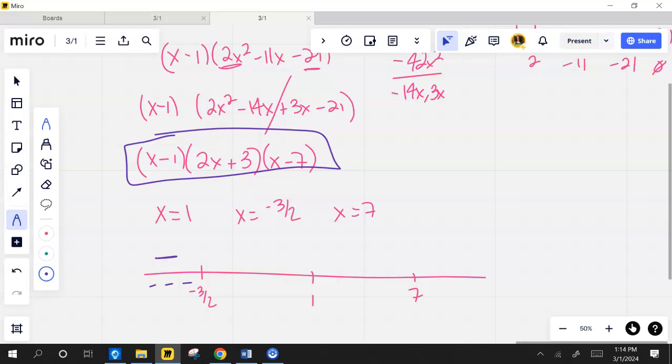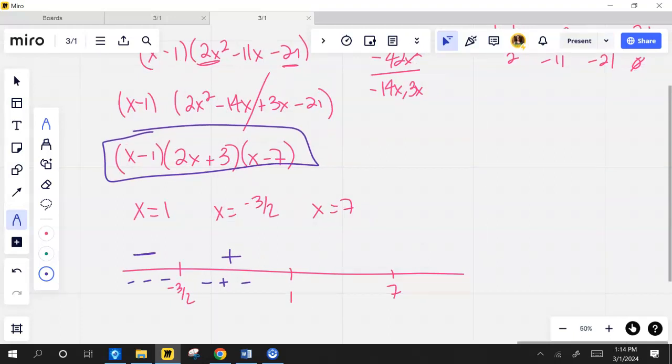Now let's try 0 plugging in here. 0 minus 1 is negative, 0 times 2 plus 3 is positive, 0 minus 7 is a negative. A negative times a positive times a negative is a positive. Between 1 and 7, maybe 2? A negative times a positive times a negative is, yeah, the 2 negatives make a positive.